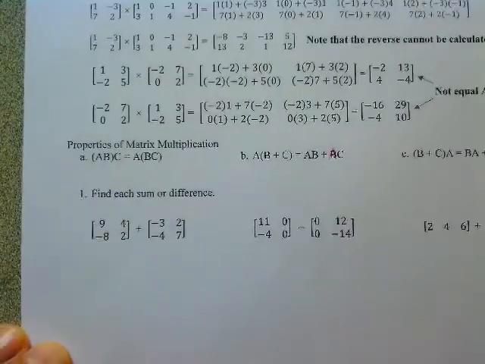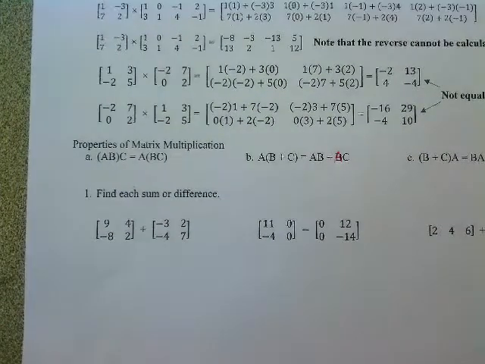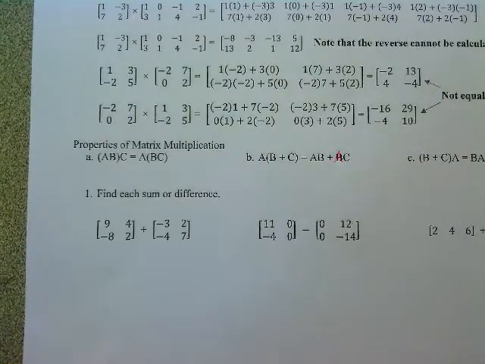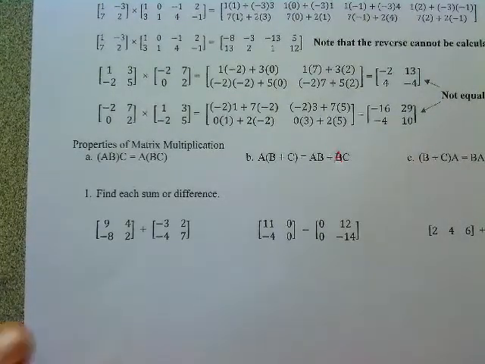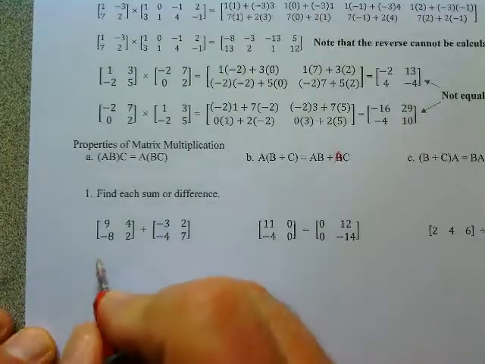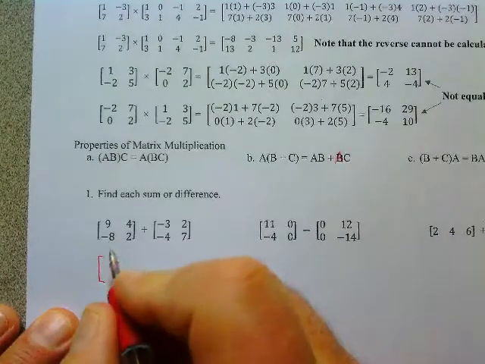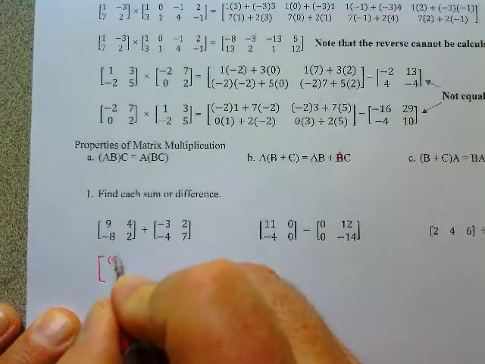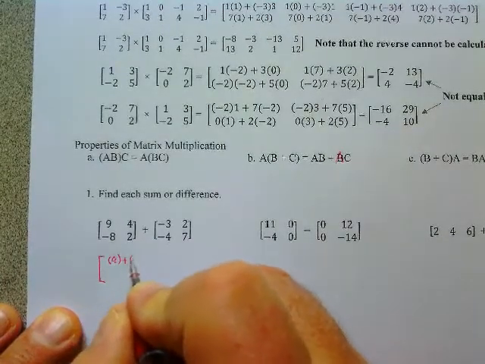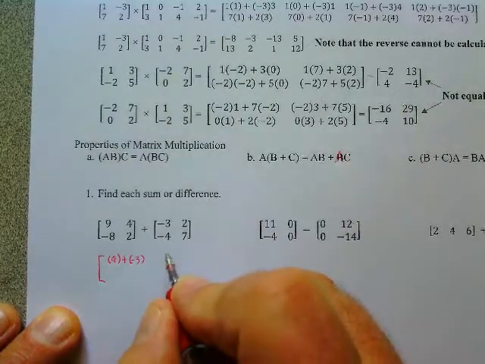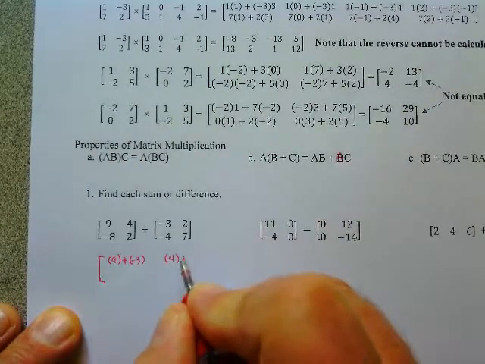So let's look at a few examples. Again, add and subtract element by element in the same position in both of them. So here we're going to have the 9 plus the negative 3. And then over here we'll have the 4 plus the 2.